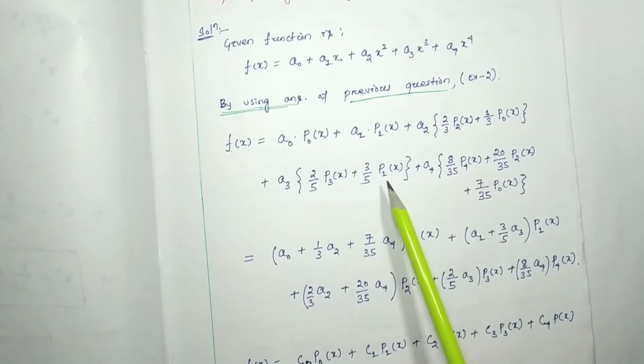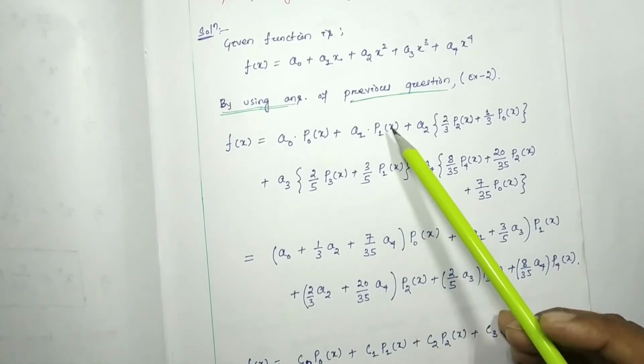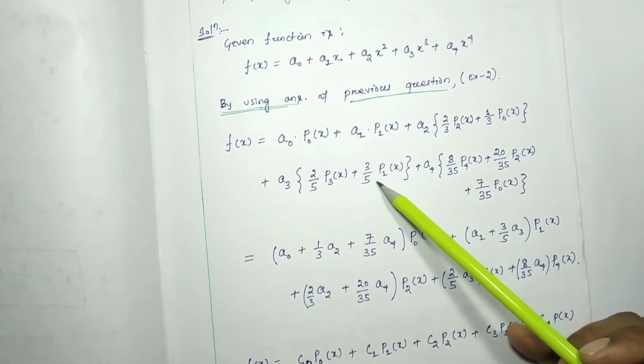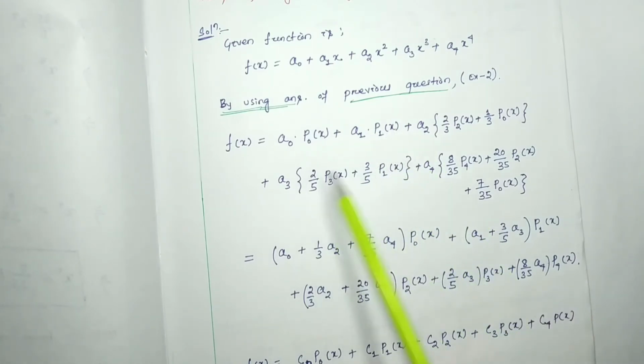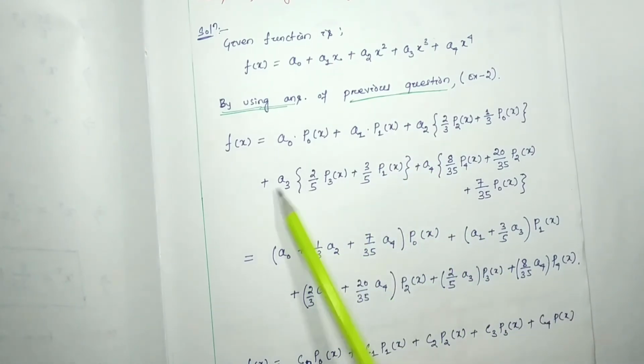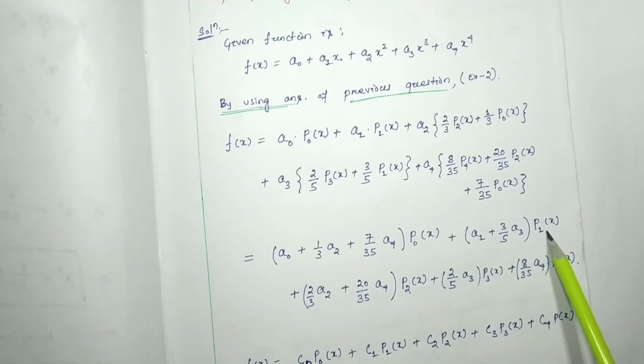Likewise p1x can be taken common from this and this: a1 plus 3 by 5 into a3, times p1x.